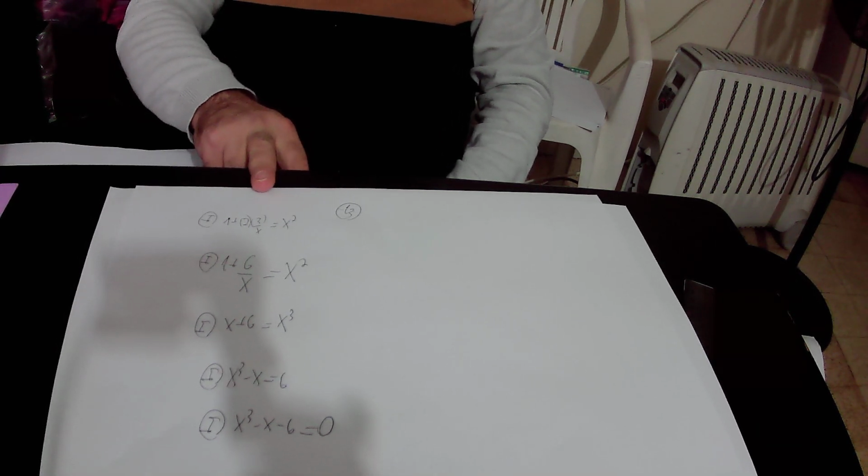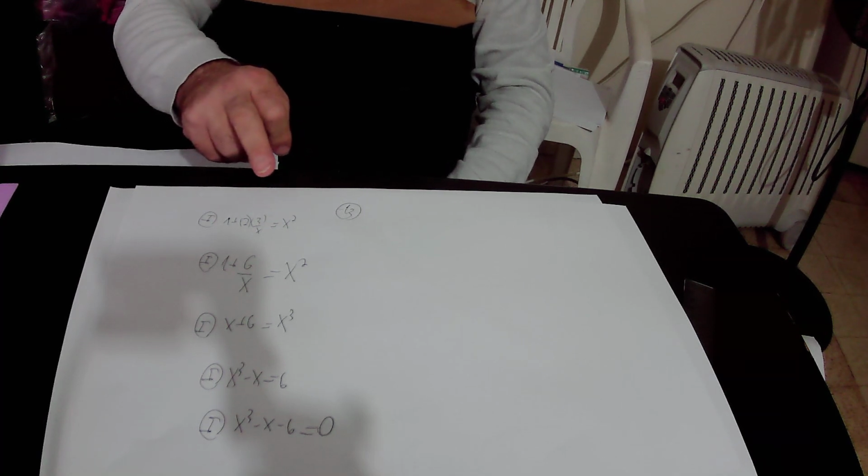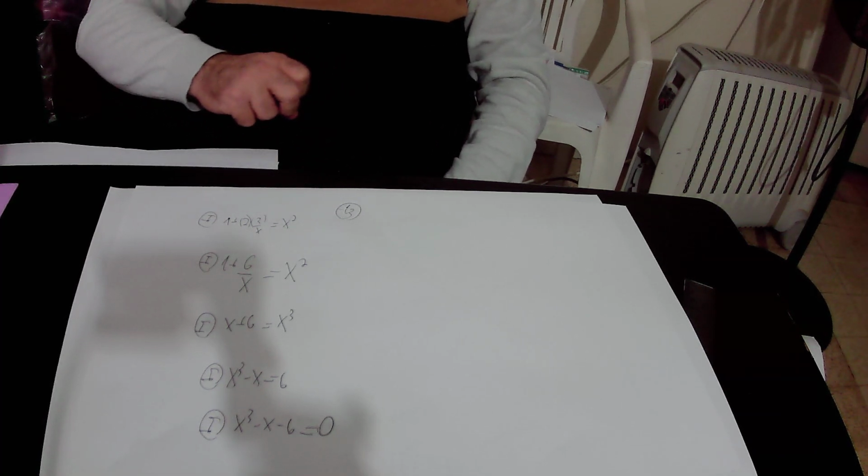Here 2 times 3 is 6, so we got that 1 plus 6 over X equals X squared.